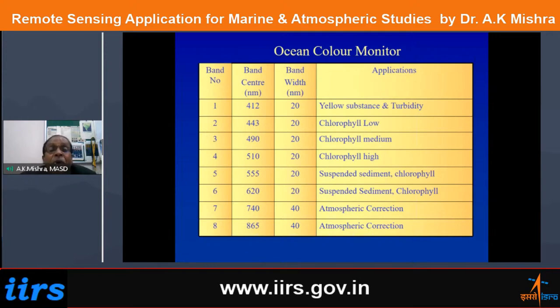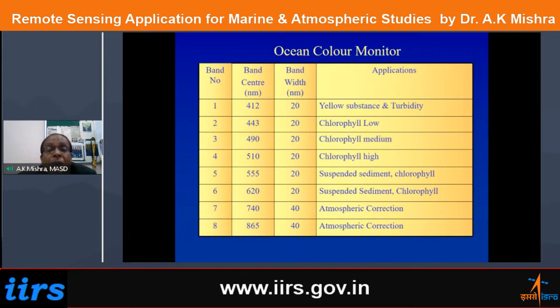The 443 band is used for the retrieval of chlorophyll where it is very low, that is in open ocean areas. Medium chlorophyll is in between the open ocean and coastal waters, and high chlorophyll is normally found near the coast, that is 510 nanometer.